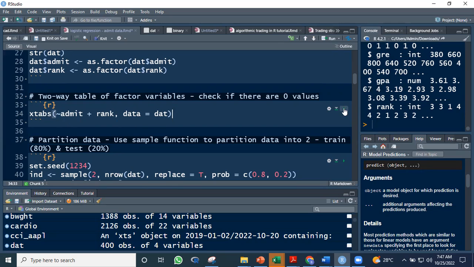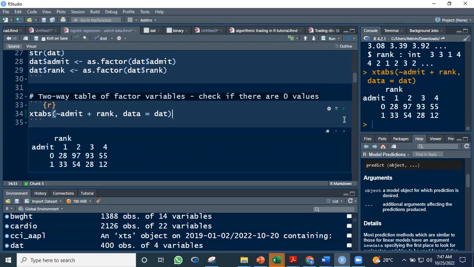If you run this, you have admit on the rows and rank on the columns. If you change the order of this, ito muna yung rows and then ito yung columns. So if you want a change in the order, then put rank first and then admit. So what does this tell us?